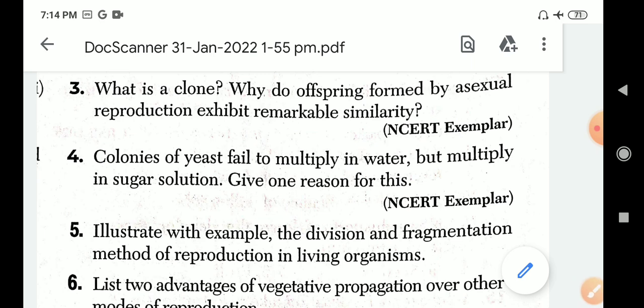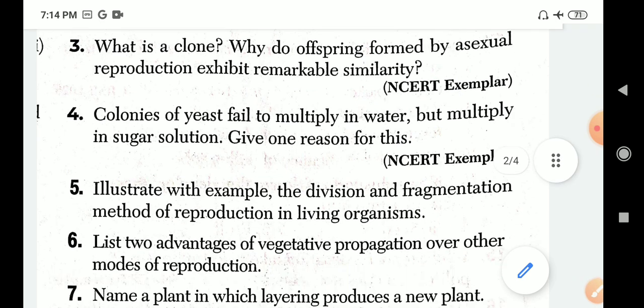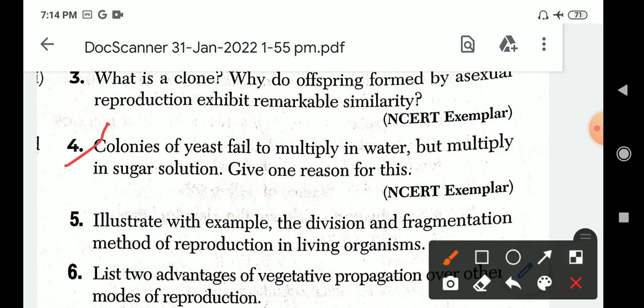Now next is, colonies of yeast fail to multiply in water but multiply in sugar solution. Give one reason. We normally know water does not have many nutrients in it. Yeast fails to multiply in water due to the absence of nutrients, but it can multiply in sugar solution.